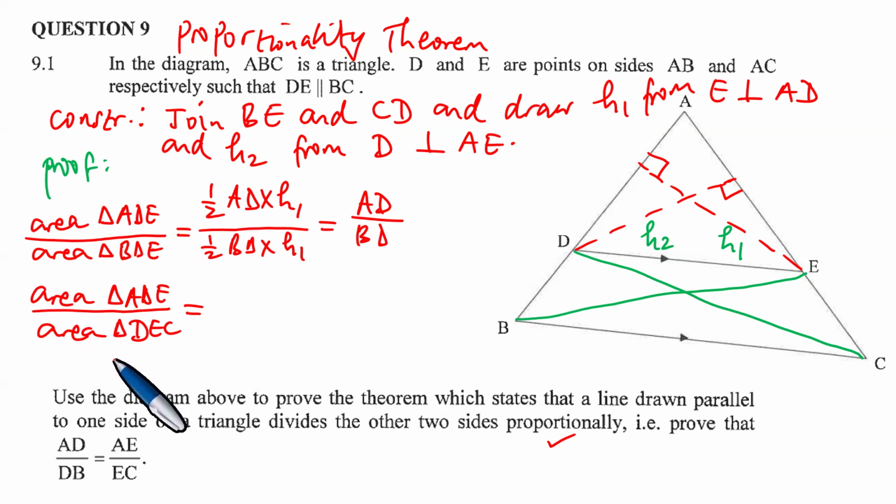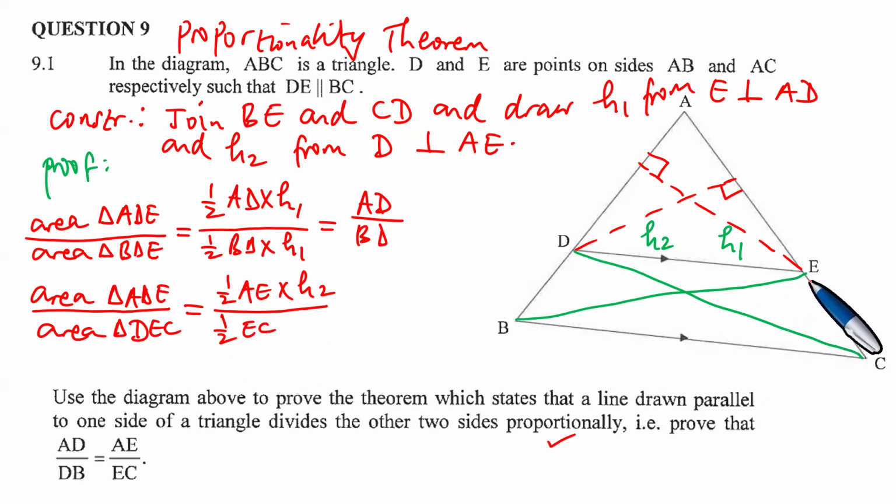So that in the end, you have the triangle ADE, and now sticking to this side of the triangle, we're going to have half AE times the height H2, divided by half EC.